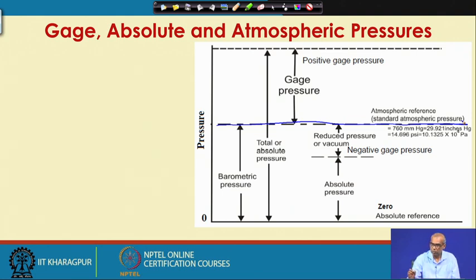So, this pressure is positive gauge pressure, we call it gauge pressure. Gauge pressure is above atmospheric pressure. Below atmospheric pressure is negative gauge pressure or reduced pressure, also known as vacuum.